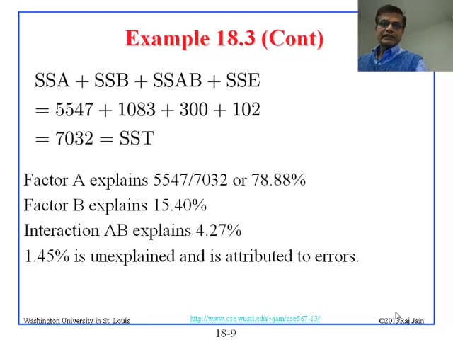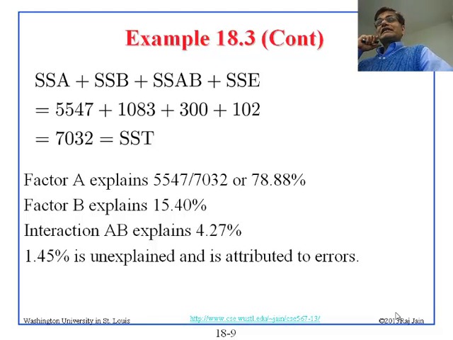So you can put percentages on them, and you can say that the A explains 78.88%, B explains 15.4%, AB explains 4.27%, the errors explain 1.45%. So the good news is that the errors are very little.